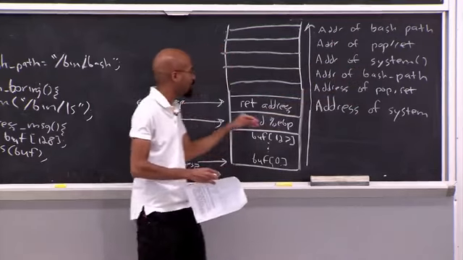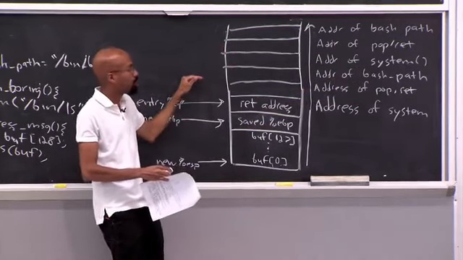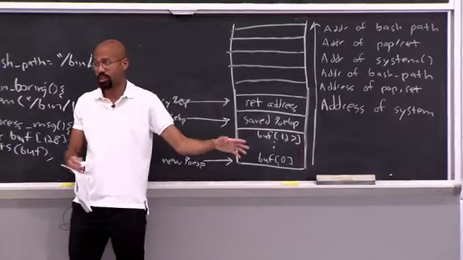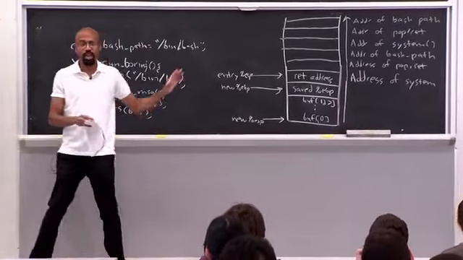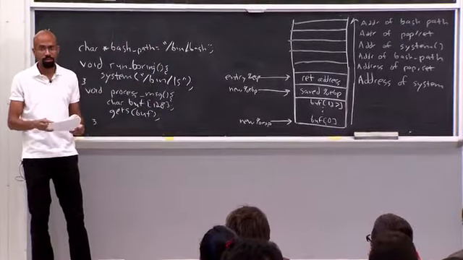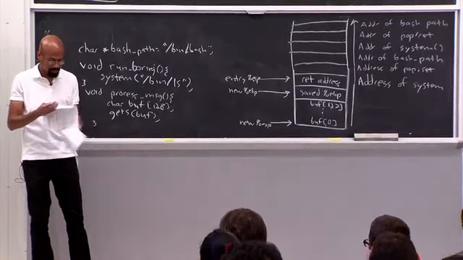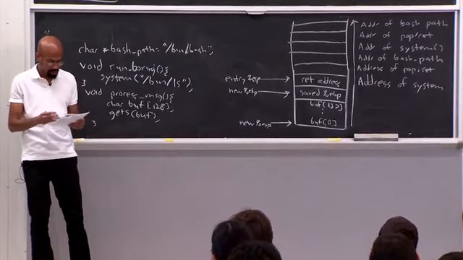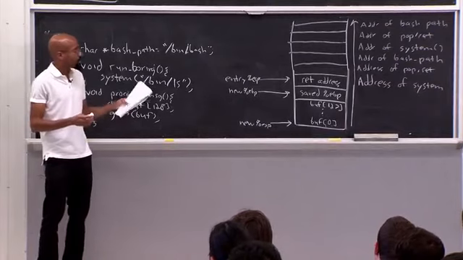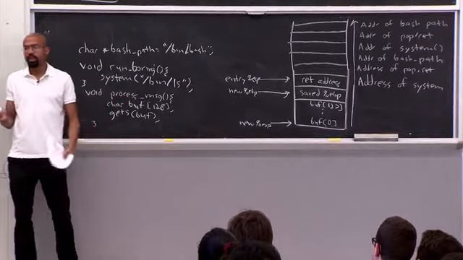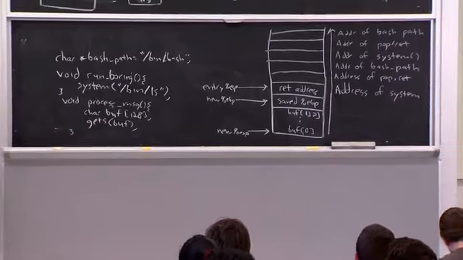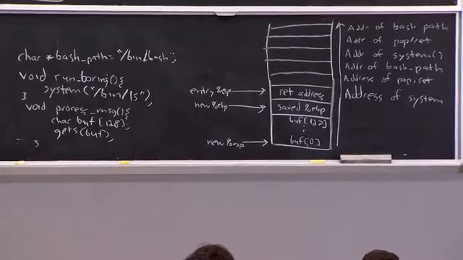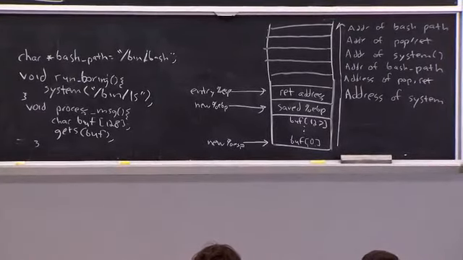At the end of the gadget, we return back to the stack pointer, which tells us the next block of code to execute. Does that make sense? All right, so that's basically how you can avoid the data execution prevention, how you can get around the no execute bit on pages.